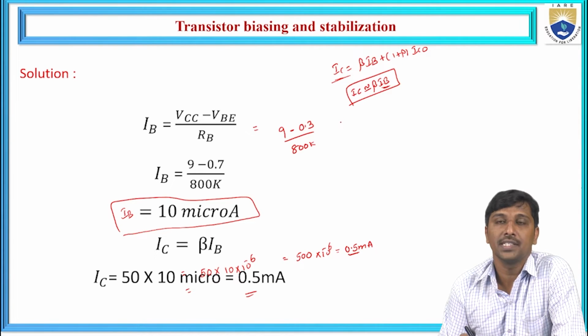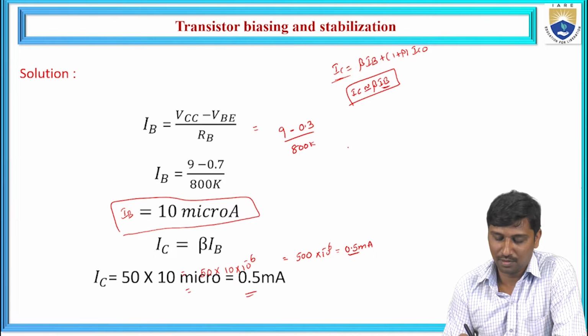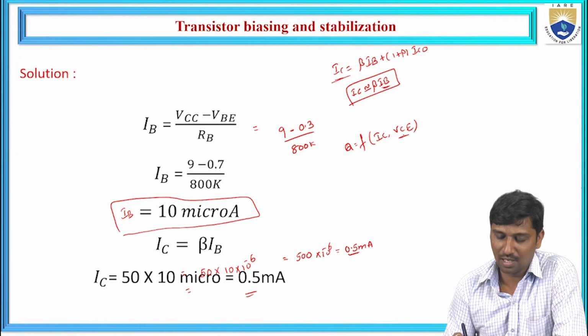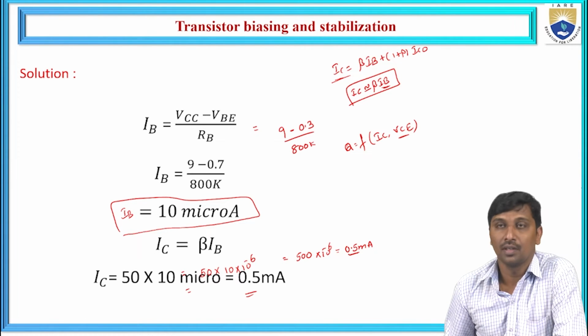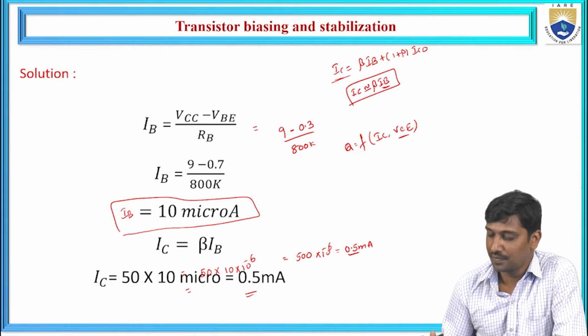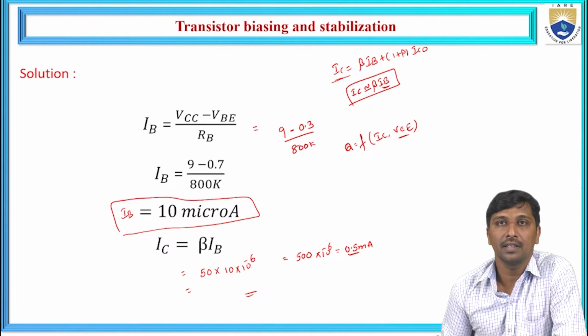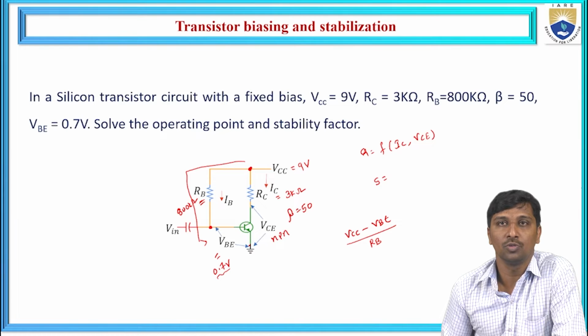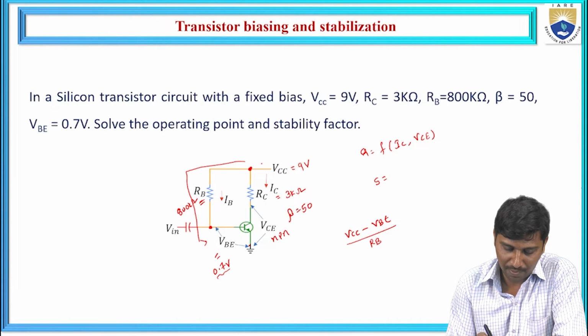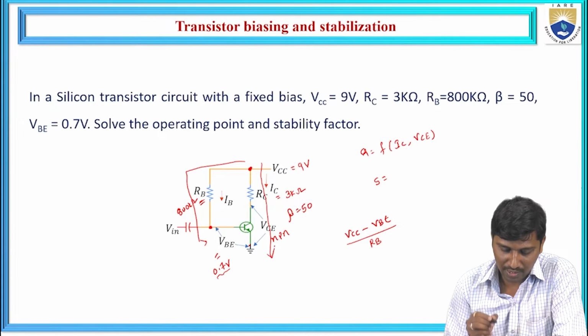The Q point is a function of the IC as well as the VCE parameter, so now we should calculate VCE. To identify VCE, we need to apply KVL at the output side of the given circuit.